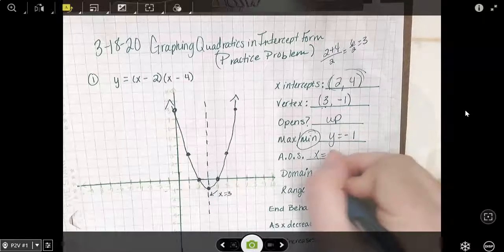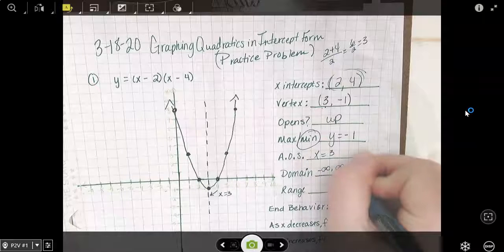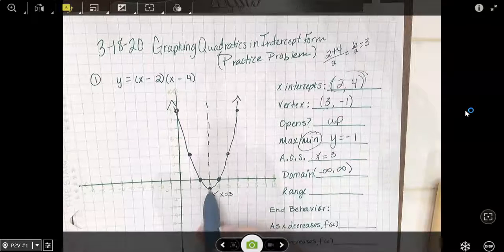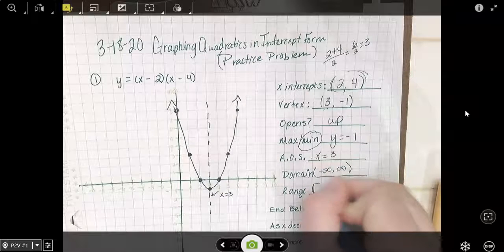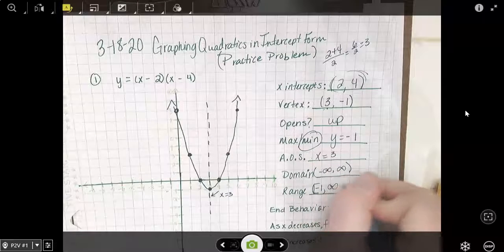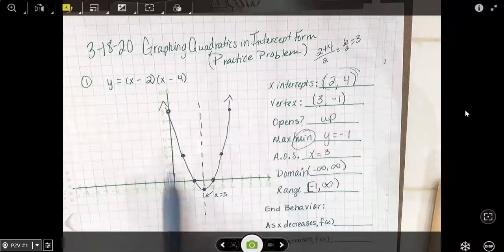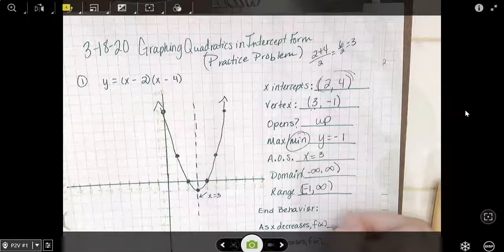Domain is -infinity to +infinity. Range starts at -1 and it goes up. So -1 to infinity for the range. In end behavior, they're both pointing up, so they are both increases.